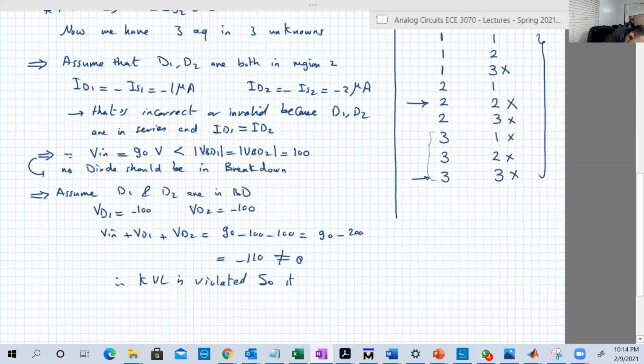So it is an incorrect assumption. If you didn't think that V input is less than 100 and you by mistake assumed that any one of them is in breakdown, you will see that KVL is violated.